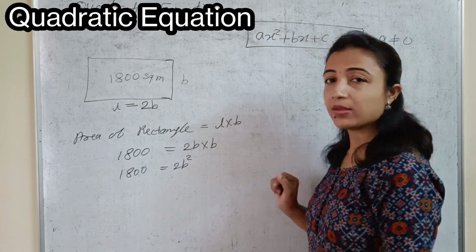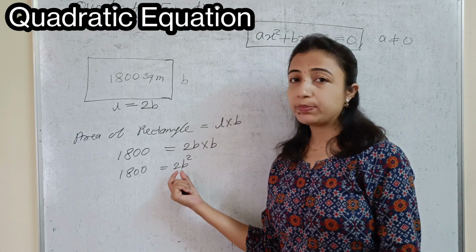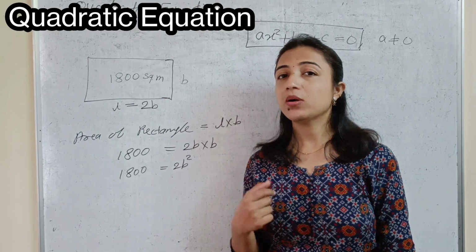So here it contains an equals sign and the variable is B, whose highest power is 2. So it is a quadratic equation.